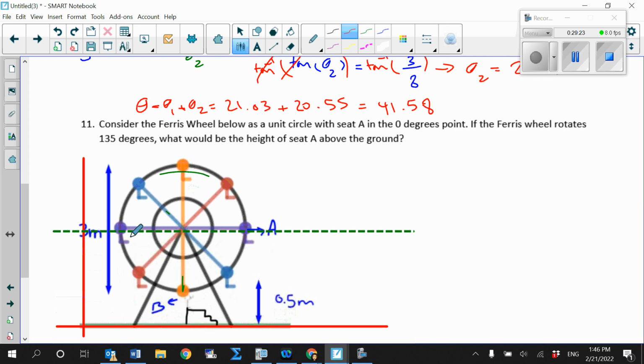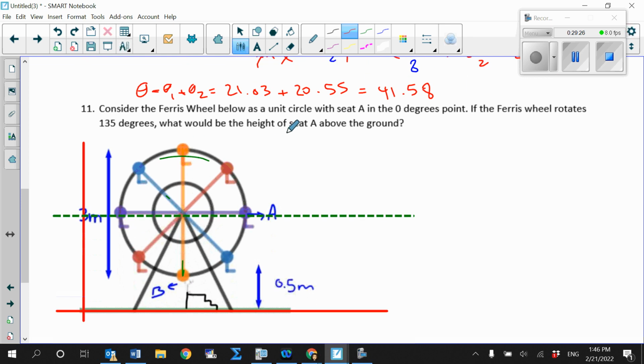Consider the first wheel below as a unit circle with seat A at 0 degrees. Now if the first wheel rotates 135 degrees, what will be the height of seat A above the ground?